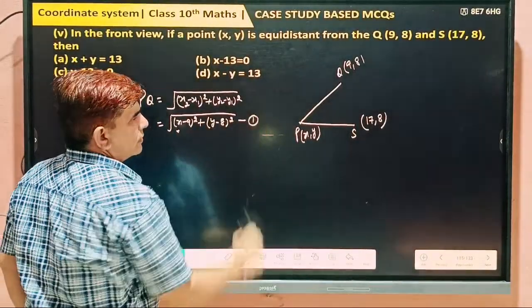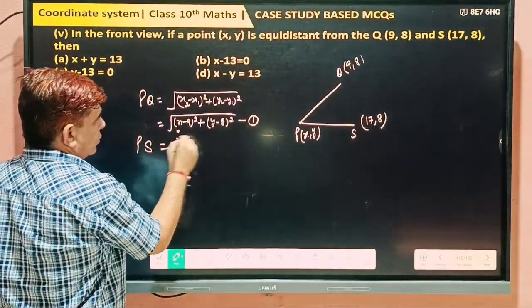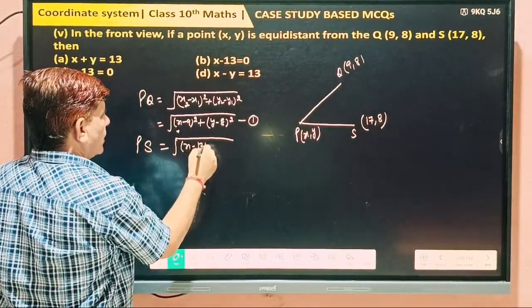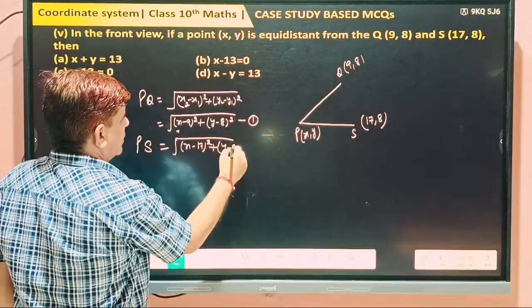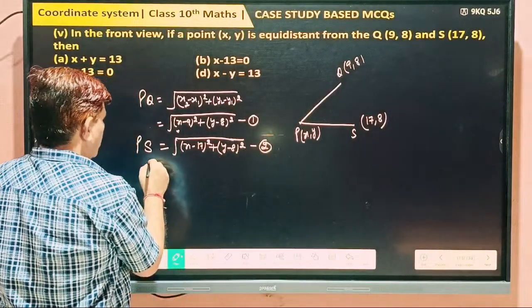This is your first. Similarly, PS is equal to the square root of (x minus 17) whole square plus (y minus 8) whole square. This is your second.